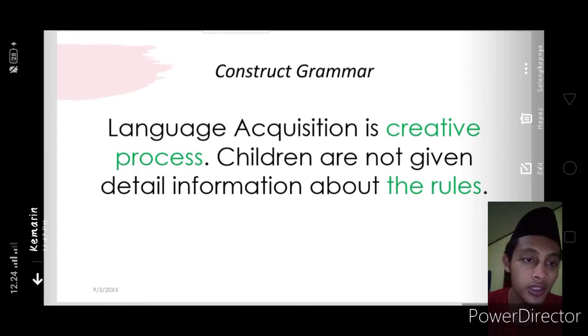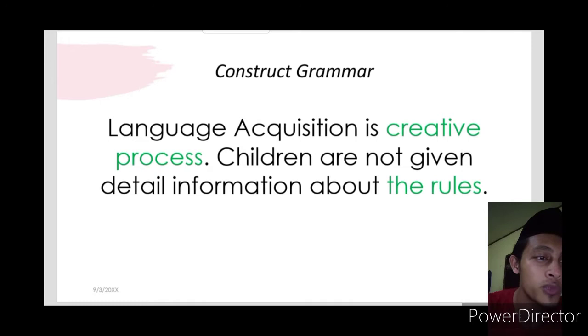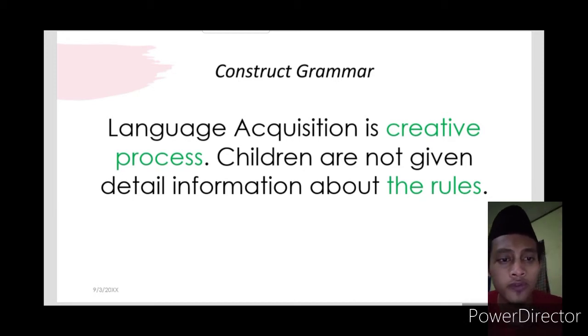These factors lead many linguists to believe that children are equipped with an innate template or blueprint for language, which we have referred to as universal grammar, and that this blueprint aids the children in the task of constructing a grammar for their language.